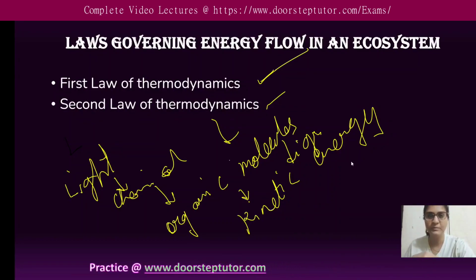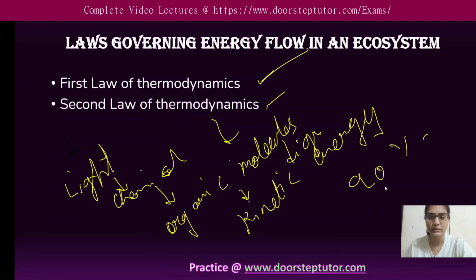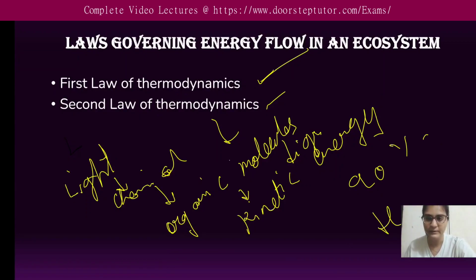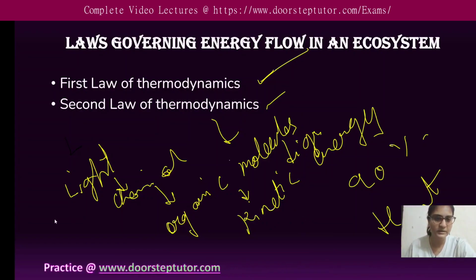Now the energy has moved from plant to the herbivore, but it is not able to pass on that full 100% of energy to a primary consumer, to a carnivore, because most, that is 90% of the energy, is consumed by the herbivore itself, because it requires energy for survival, like respiration, digestion, etc., and some of this energy is lost in the form of heat, and this loss is what the second law of thermodynamics is talking about. So I hope this is clear.